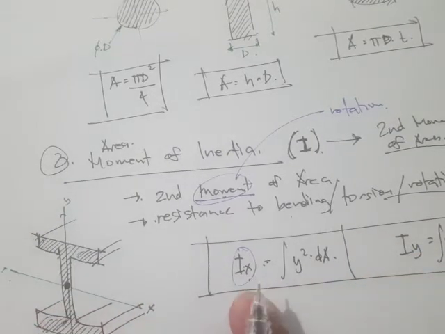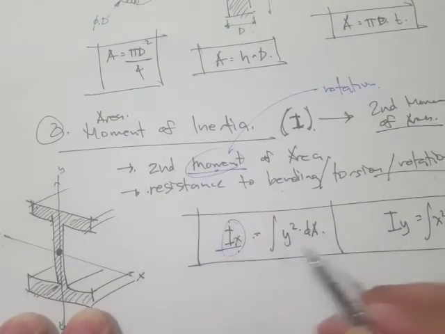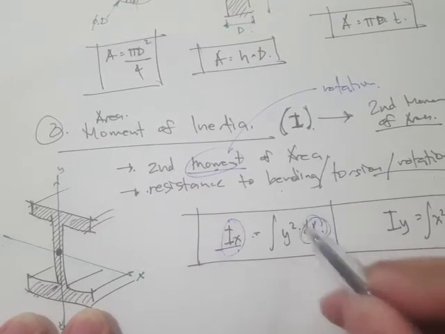That means that we can have moment of inertia along x, or we can also have moment of inertia along y. So here for along x, you would notice that this is our area, right?